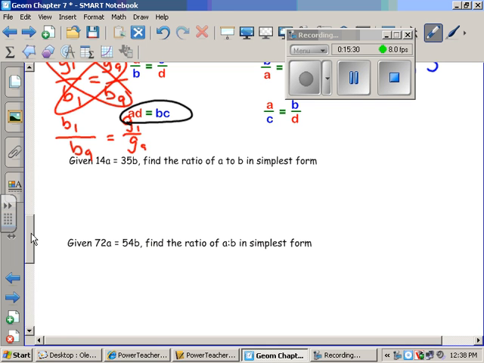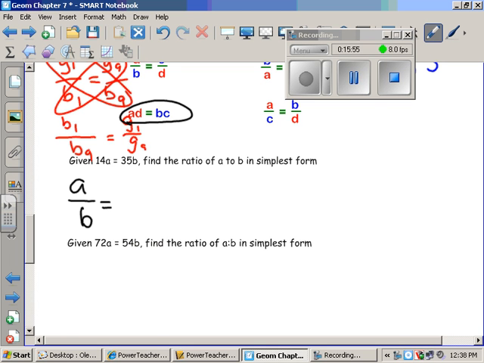So I want to find out what the ratio of A to B is. Okay. Well, if this matches this one, right? It's in this form, right? So if A is that number, what's my extreme? What's my other mean there? 14.